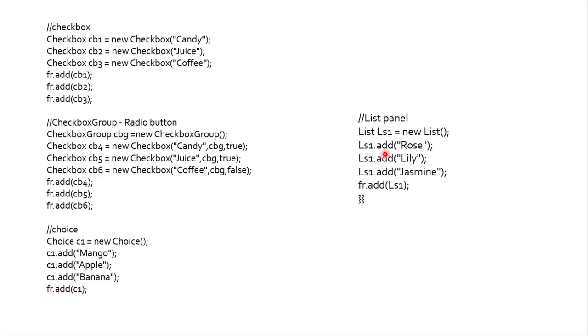The last one is about the list. You can use List, and I have used ls1 reference equal to new List, and I'm just creating some list items and adding that into the frame. So this is how the program flow looks like for AWT.